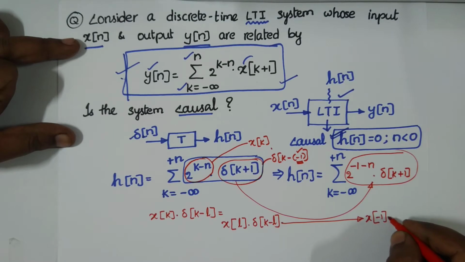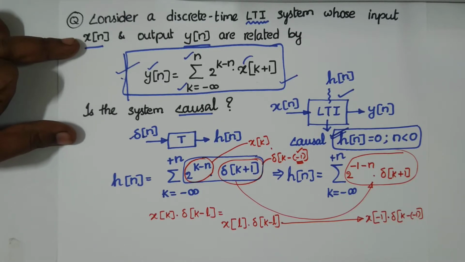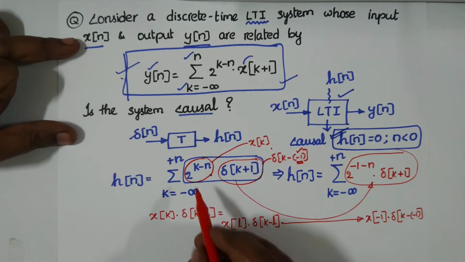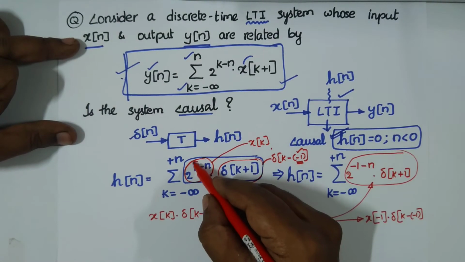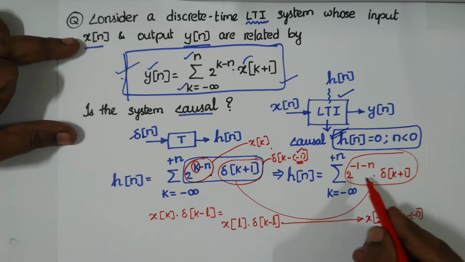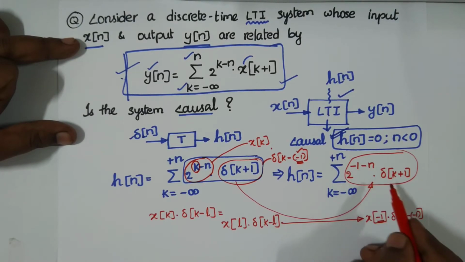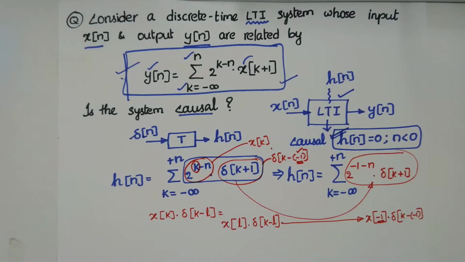So this becomes x of minus 1 delta of k minus of minus 1. Now x of k is equal to 2 to the power of k minus n. In place of k, you put negative 1. So we get 2 to the power of minus 1 minus n multiplied by delta of k plus 1. Let me rewrite this again on a new page.